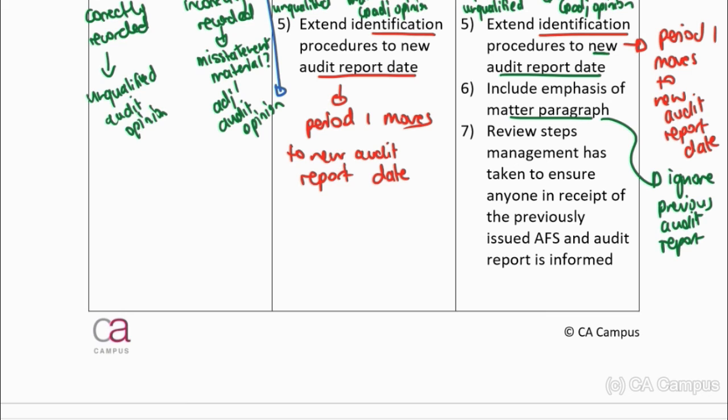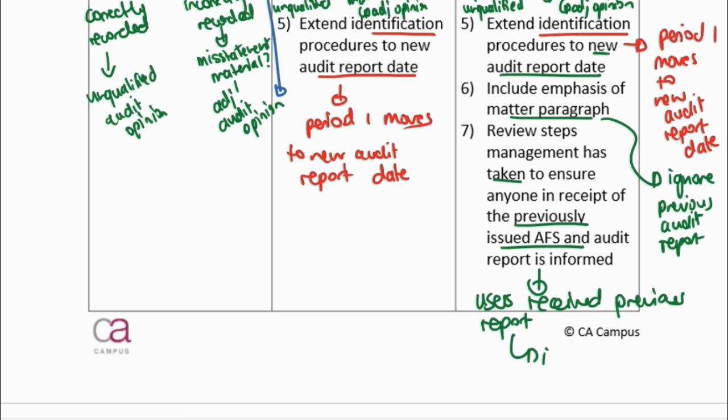But because in period 3 they would have, I need to adjust my new report to say, please don't look at the previous report, and we need to review the steps that management have taken to tell anyone that they must not use the previously issued financial report, because the users received the previous report because it was issued to the users. Again, doesn't happen in period 2 because it wasn't issued to the users.